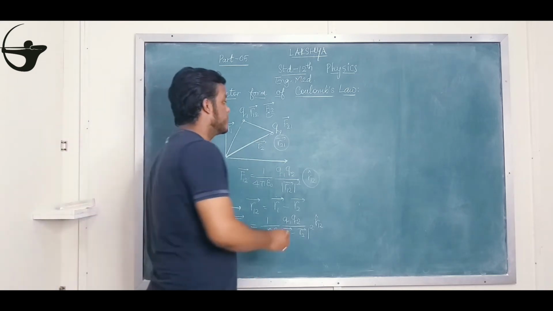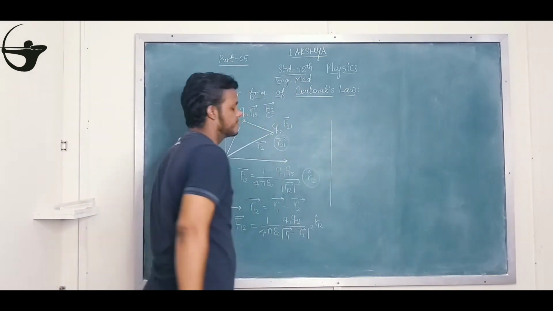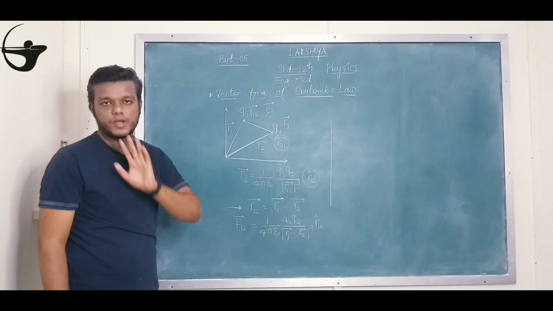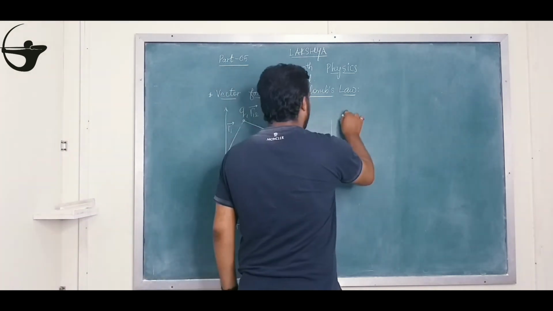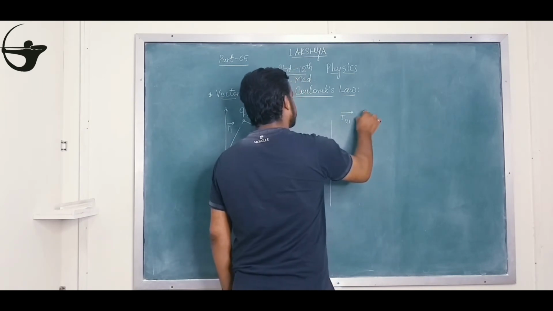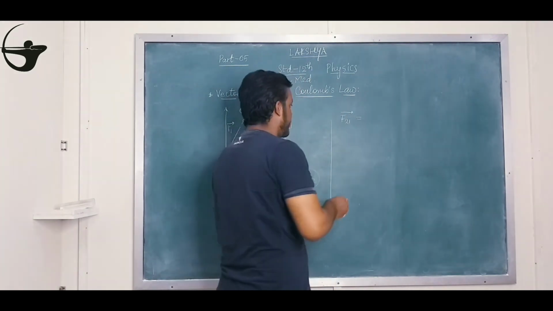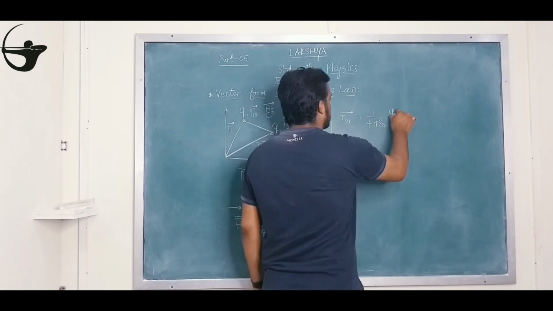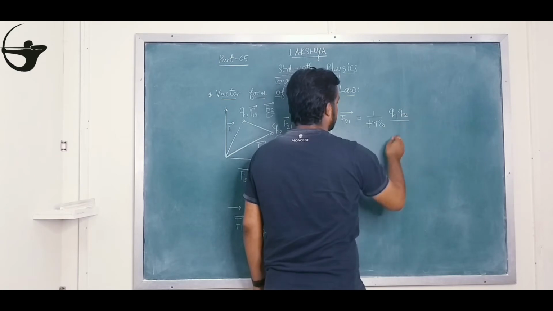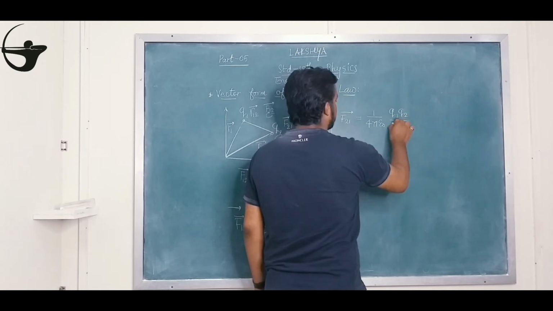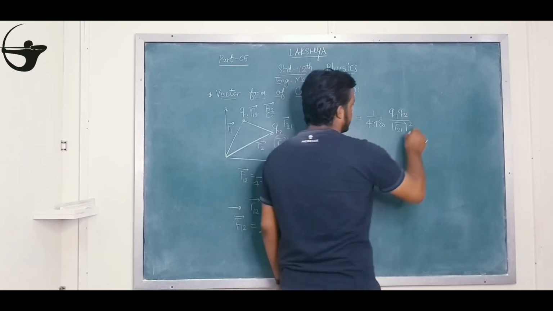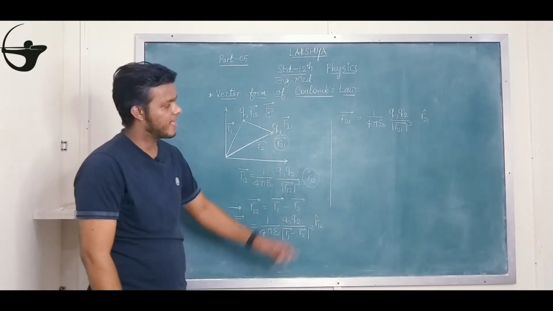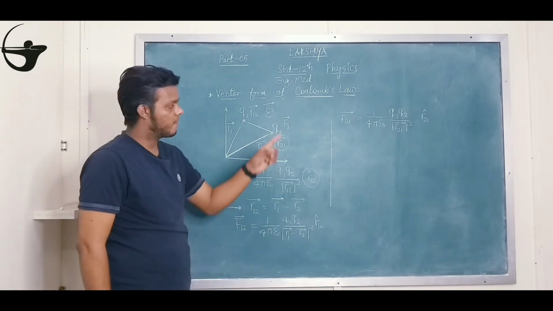Now I will try to find the force by q1 on q2, which is F21 bar. So F21 bar will be 1 upon 4 pi epsilon 0, q1 q2 upon mod r21 bar square into r21 caret, where caret represents the direction of force.